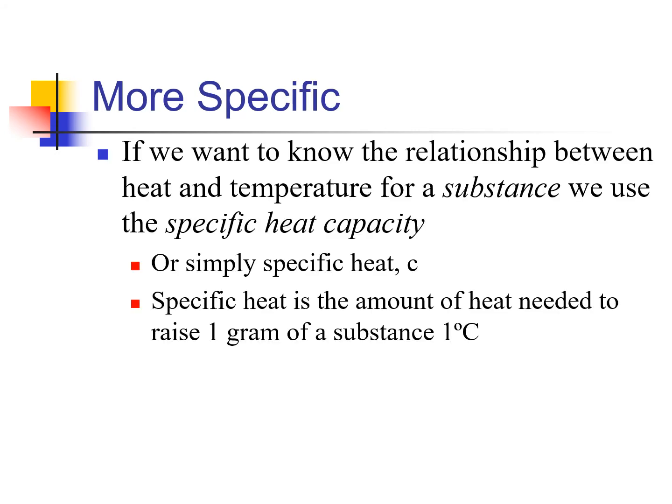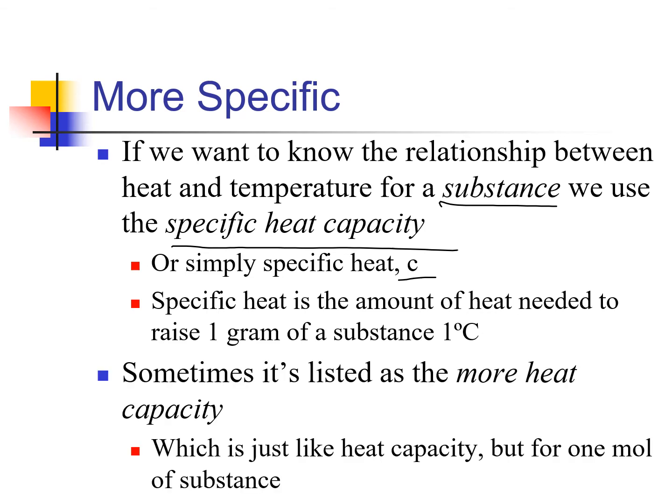Now, to be more specific, we can talk about specific heat, or specific heat capacity. Instead of being based upon the object, it's based on the substance. So a cup of water and a pool of water have the same specific heat, because it's now the amount of heat needed to raise 1 gram of a substance 1 degree Celsius, taking away the size difference.